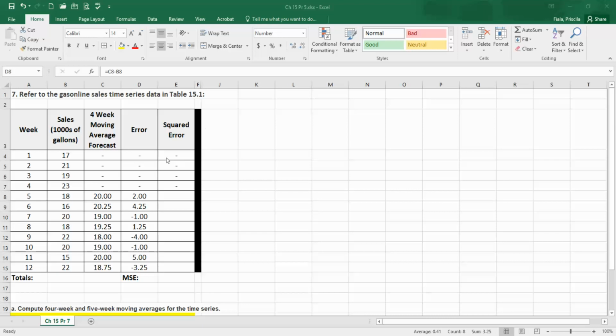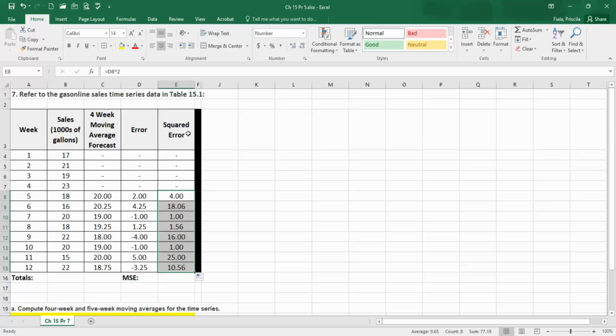So now we're going to do the square error, or the error square. So it's going to be equals this value, caret, we call it caret, and then 2 for square. And then we're going to drag this formula.